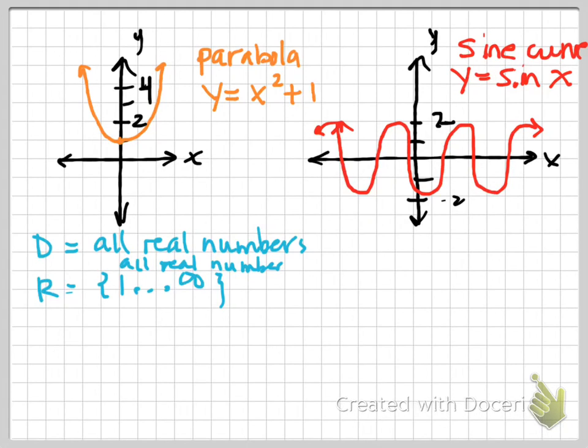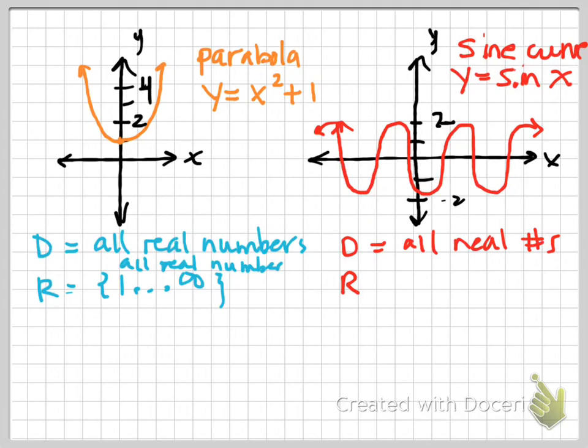So how far to the left does it go? Infinite. How far to the right? Infinite. So all real numbers is the domain for this one. How far down does it go? It should actually go all the way down. My dash for -2 is not where it's supposed to be.